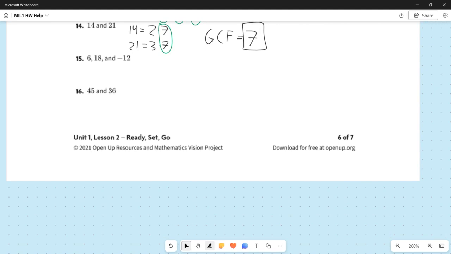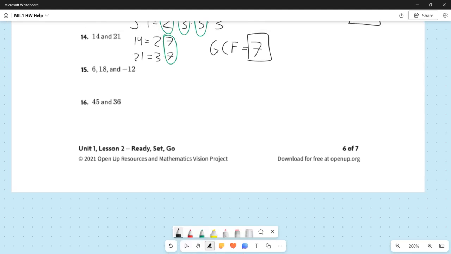Last question assigned in this lesson was number 16, and for 16 we are looking for the GCF of 45 and 36. Again, we're going to find the prime factorization. 45 is odd, so it does not have a 2. Next factor is 3, and there is a 3 in 45 that does go in evenly.